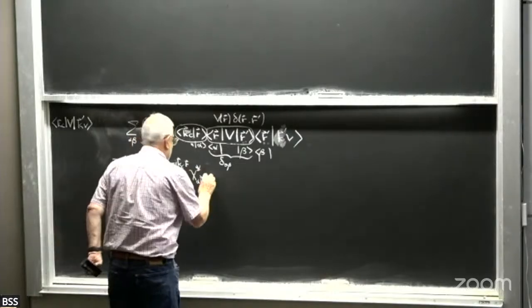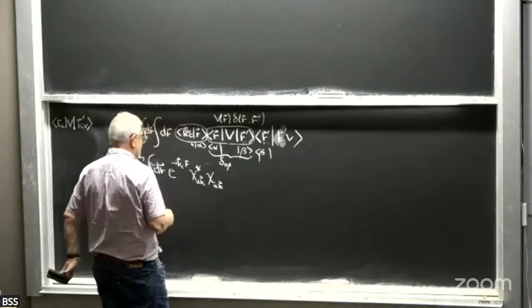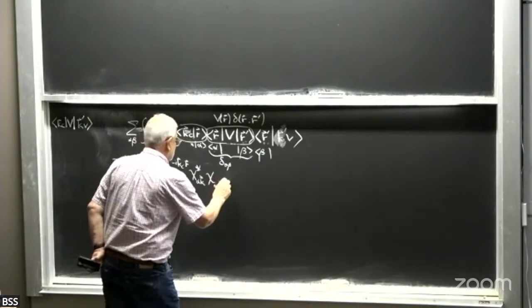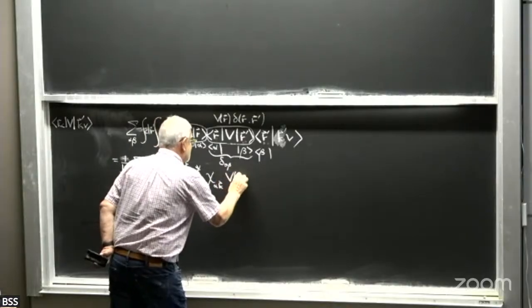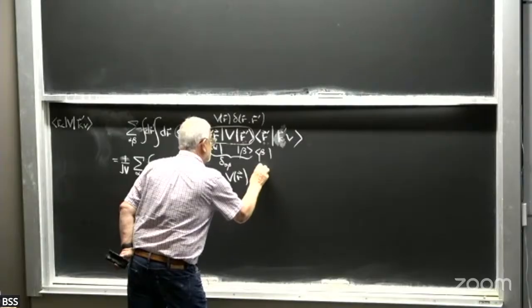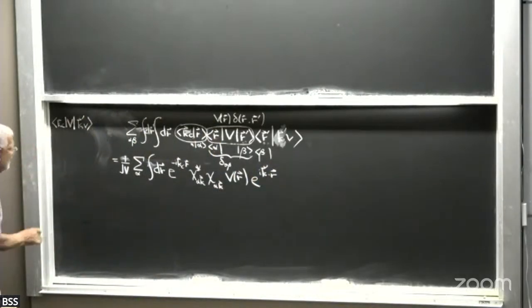Over here, because of the delta alpha beta, I have chi alpha k, and V of r, whatever it is, and e to the chi k prime. Does that make sense? Okay.